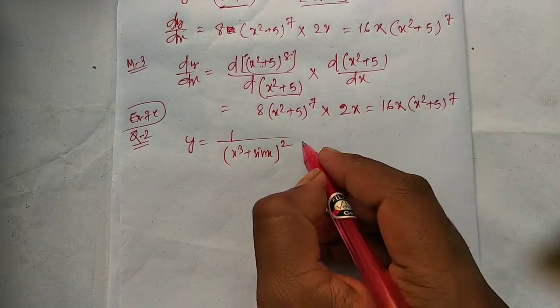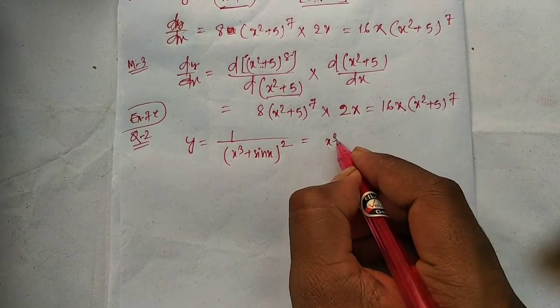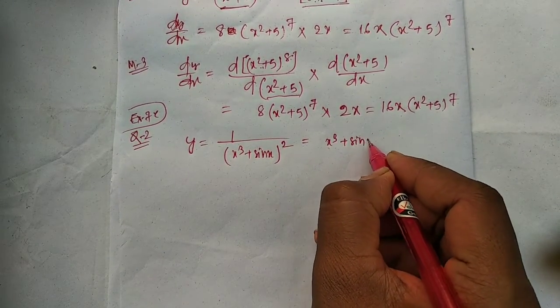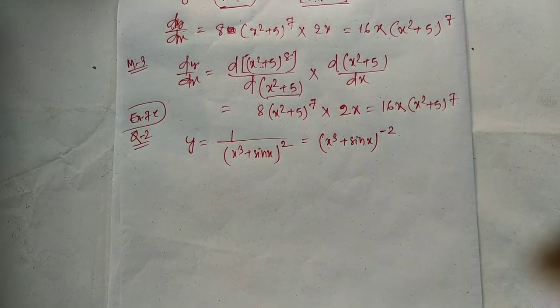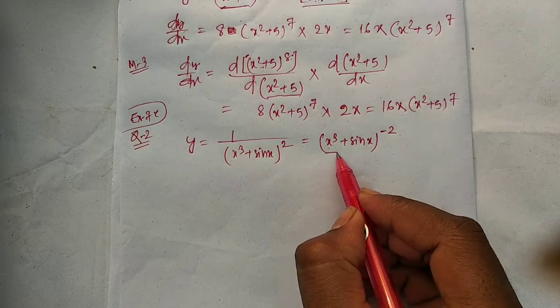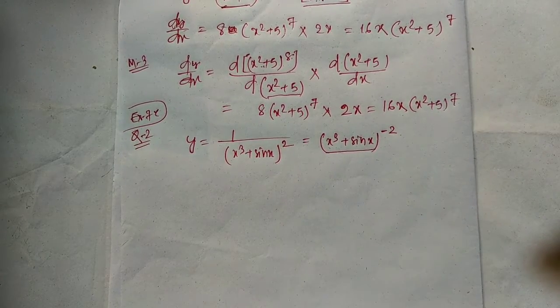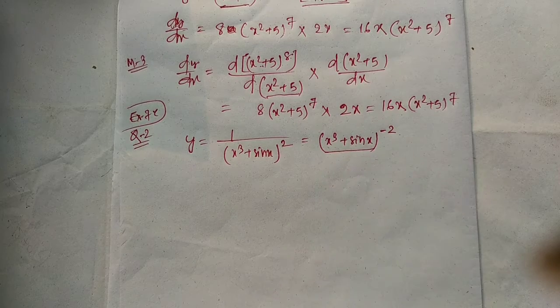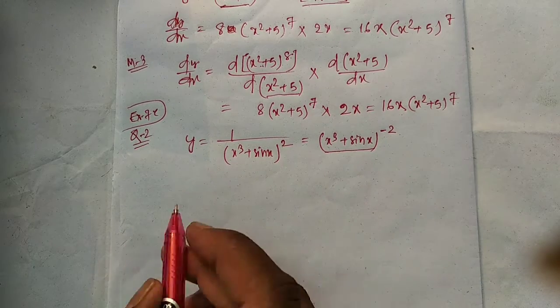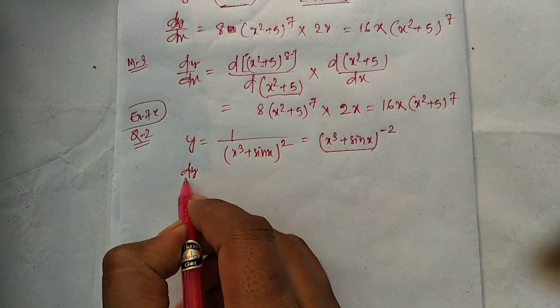This can be written as (x cube plus sin x) to the power minus 2. Here the given function is not a direct function of x. Here it is a function of x cube plus sin x.